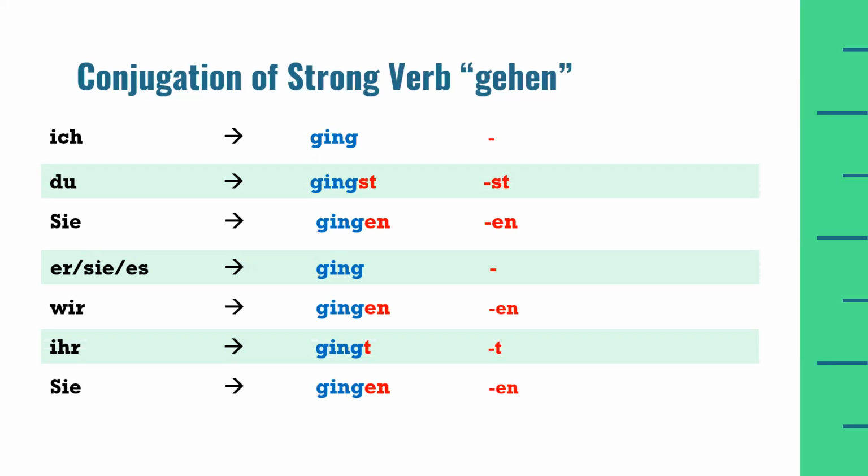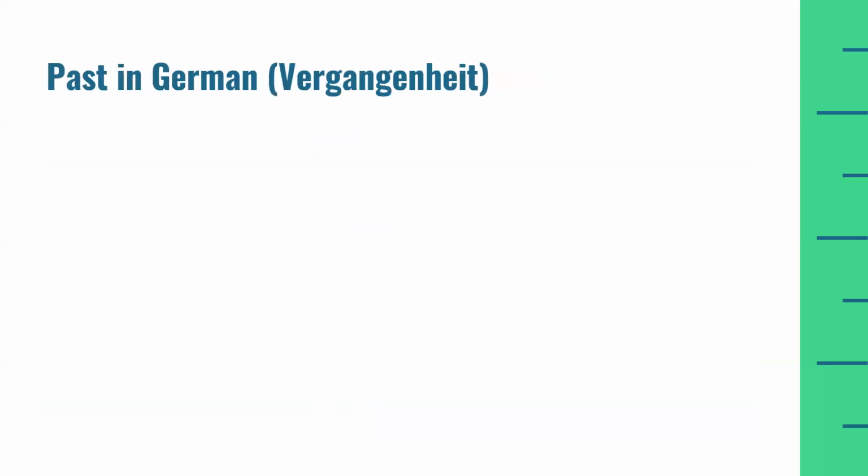Sie gingen, you people went in a formal way. Sie gingen, they went. So this is the pattern you have to follow in case of strong verbs. Again, I would say it is very important that you learn the past form of all the verbs. Just take a list of it and learn through all the verbs.